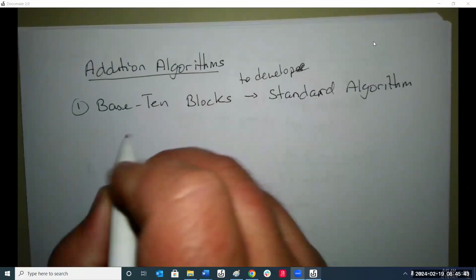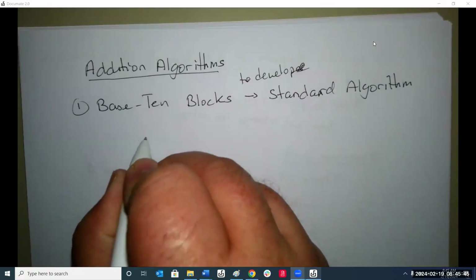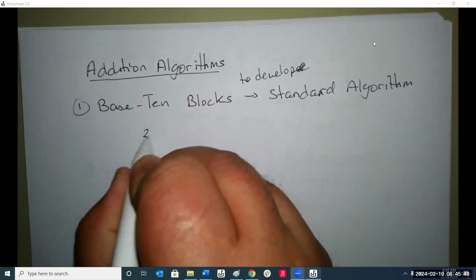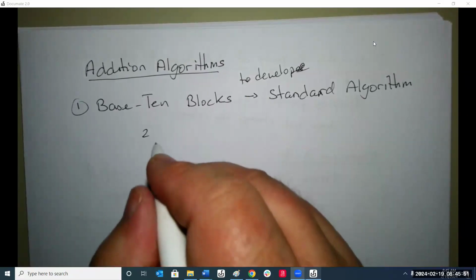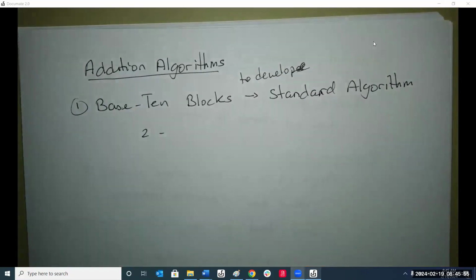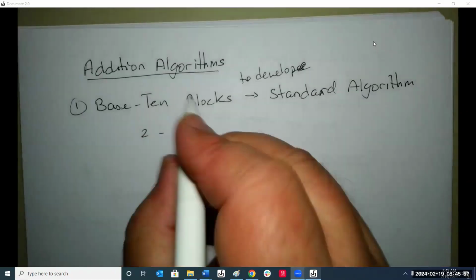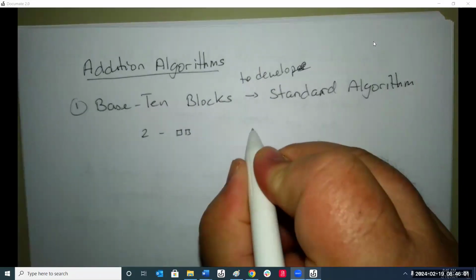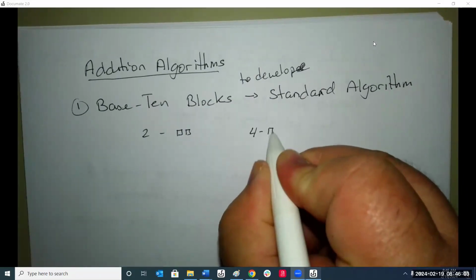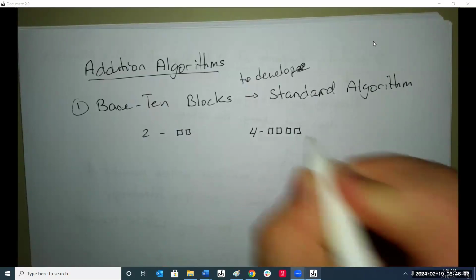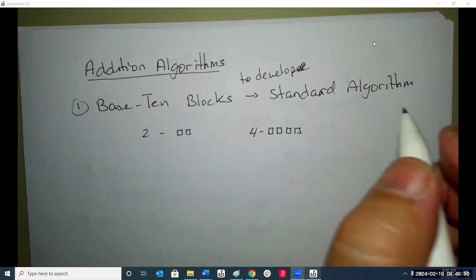First thing we have to do, when we teach kids, is teach them the single digits. 2 is represented by two boxes, 4 is represented by 4 individual boxes, and so on and so forth.